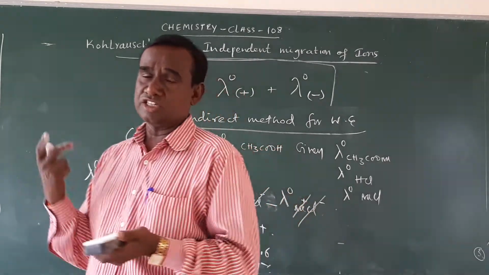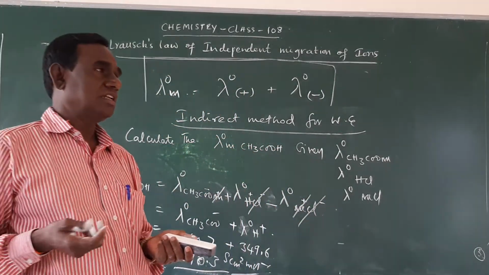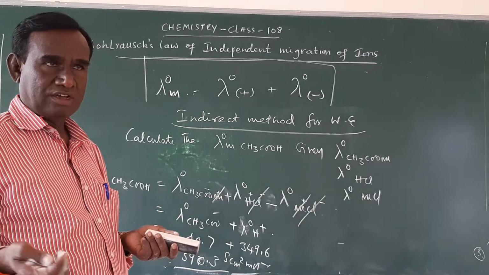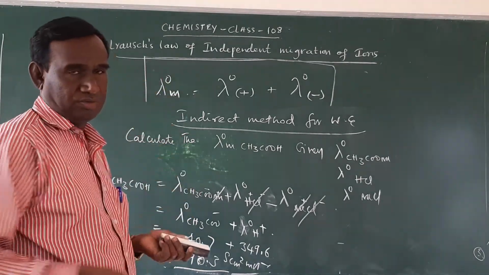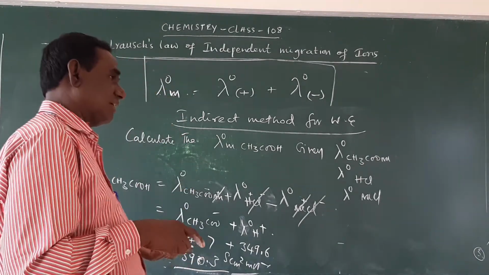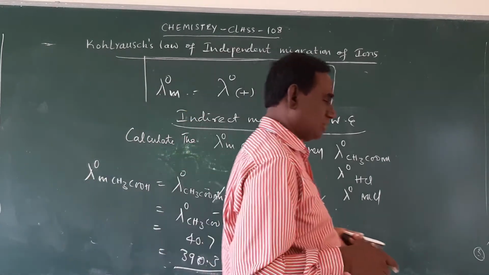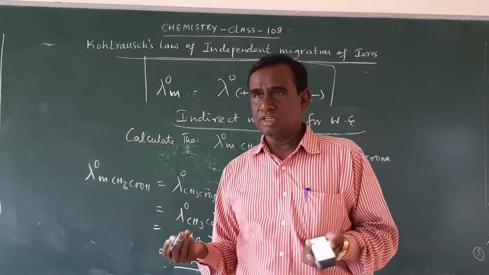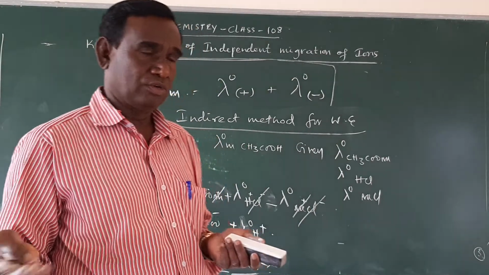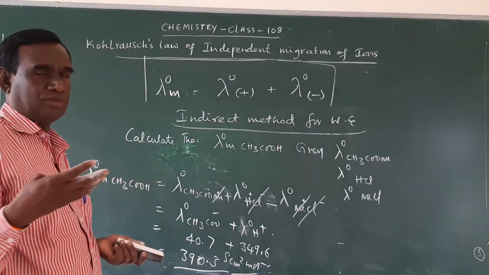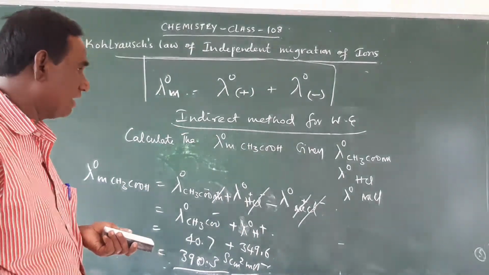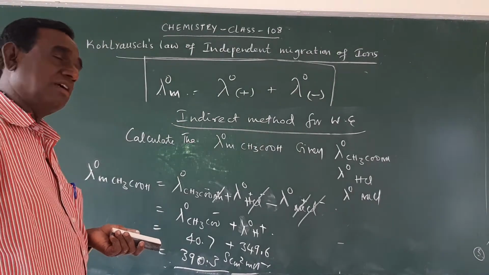But for a weak electrolyte it is not possible to calculate lambda naught m directly, because we get a curve. If you plot lambda m against root c, you get a curve which cannot be extrapolated to zero concentration, so it is not possible to calculate lambda naught m for a weak electrolyte. So we use the indirect method.